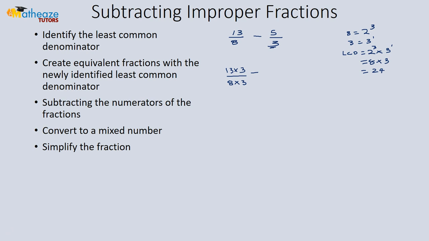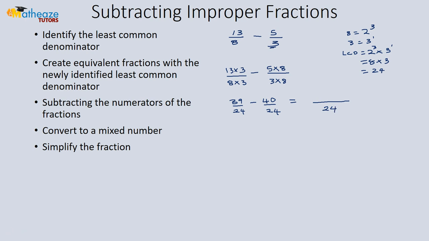So this is going to give us 3 by 8 and then 5 by 8, which gives us 39 over 24 minus 40 over 24.